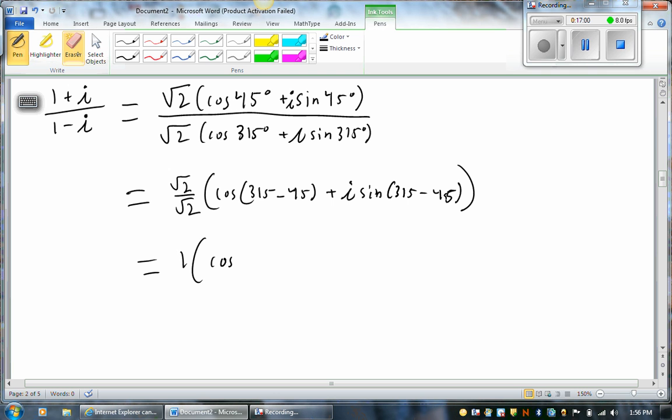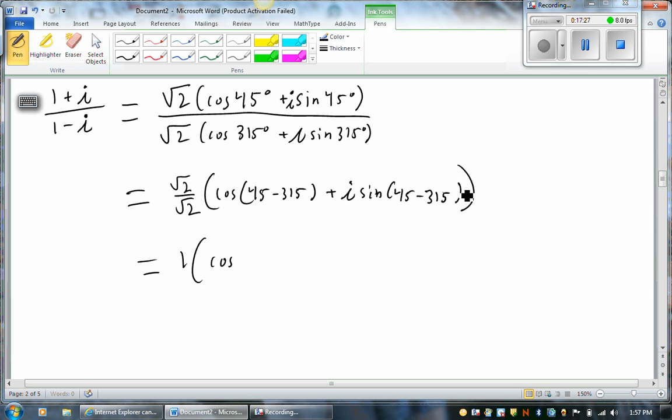Notice here what I did, I switched them around by accident. Remember, it's theta 1 minus theta 2, so theta 1 is 45 degrees, theta 2 is 315 degrees. So it should be 45 minus 315.